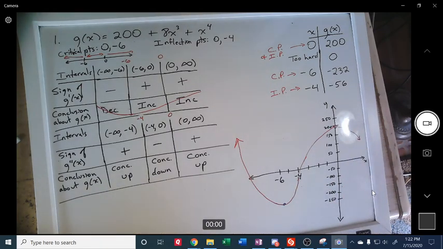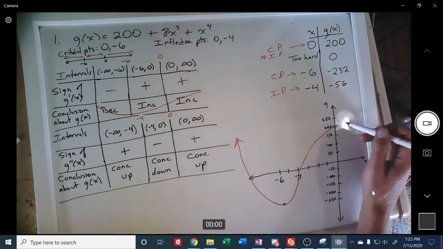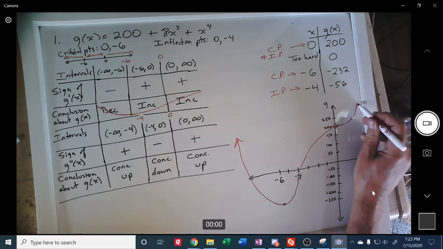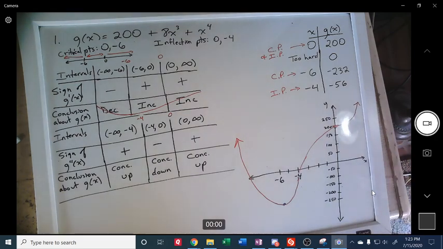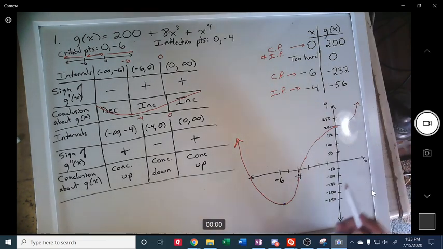Not always. One of the polynomials is an x cubed, which means that it would make an S. It's acting like the x cubed, which is right, at this point it's changing its tendency. Although the slope is horizontal, it then goes like this. All right, and so what it does is it changes concavity right there.